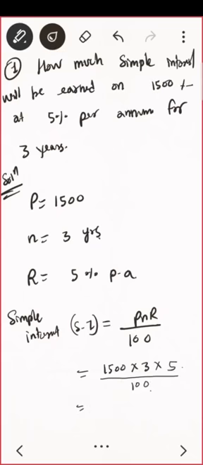In this question, this was P, this was N, this was R, that is 5% per annum. Do not write 5% here, okay? We are dividing by 100 to remove that percent sign. And just complete it, what will this come to? This is cancelled. 45 fives, that is 225, I think. Am I correct? Just quickly verify. Yeah, perfect.